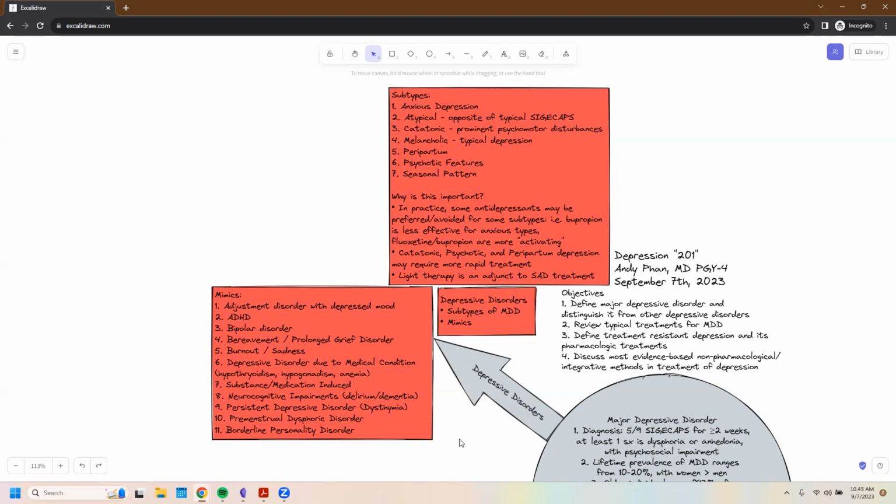For example, with cancer and chemotherapy, you're getting some difficulty with appetite, some insomnia, you're getting dysphoric, but maybe you're not meeting all the full SIGECAPS criteria. Then you're just depressed due to your medical condition.